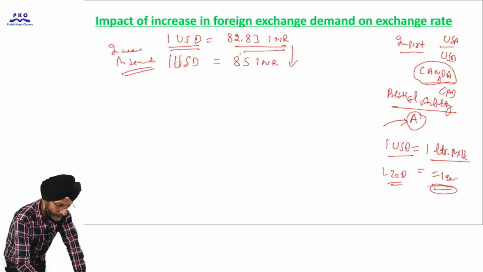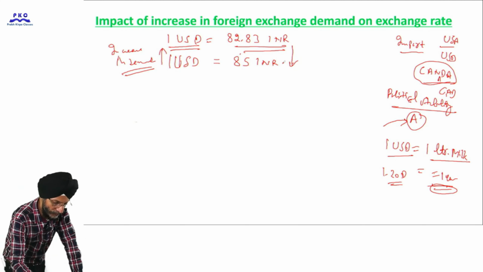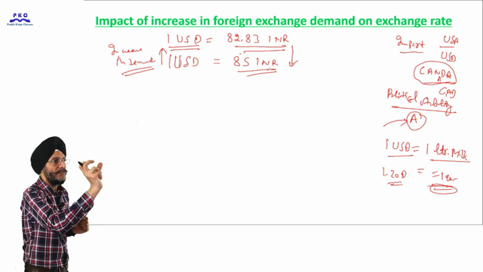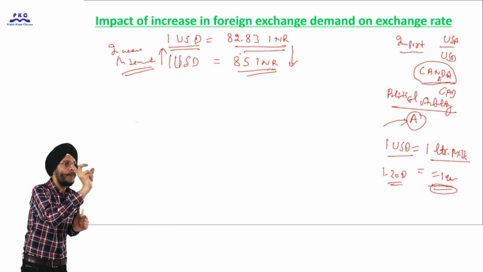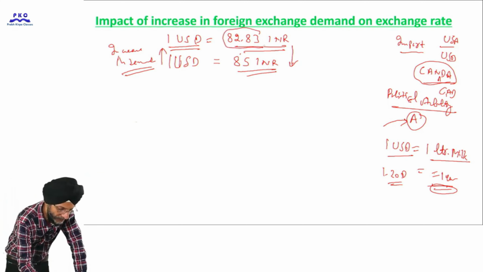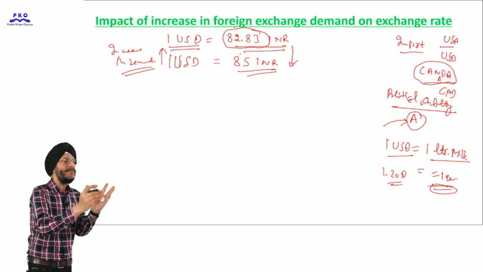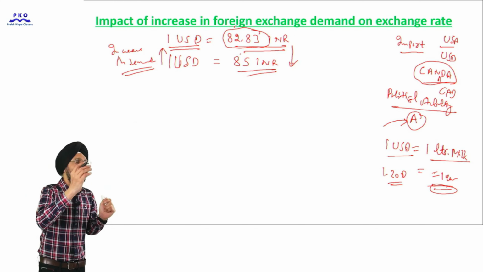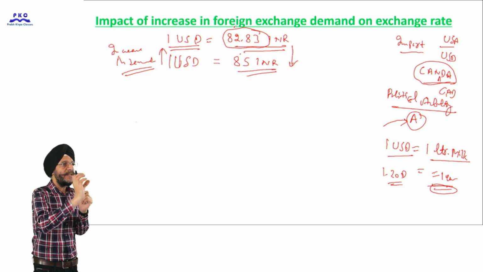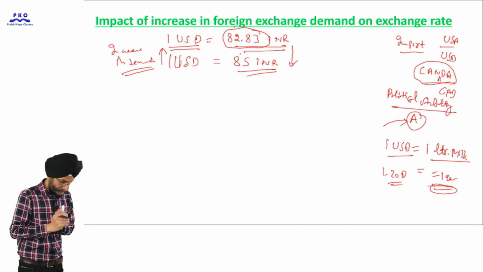The value of foreign currency has increased. We are from India, so the value of domestic currency is decreasing because to get 1 US dollar, we will have to pay 85 Indian rupees, which earlier we used to pay 82.83. On the other hand, the residents of USA will get 85 rupees in return of 1 US dollar.